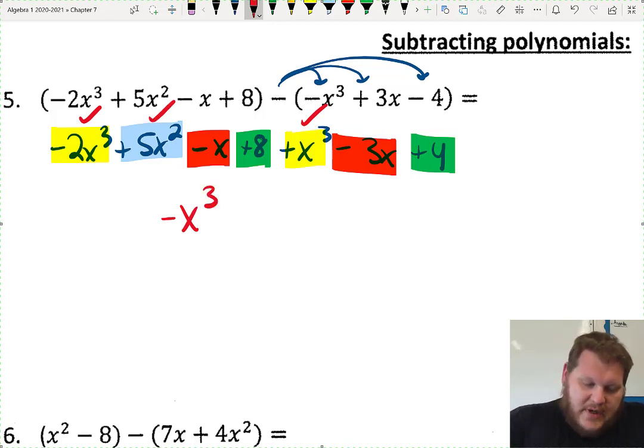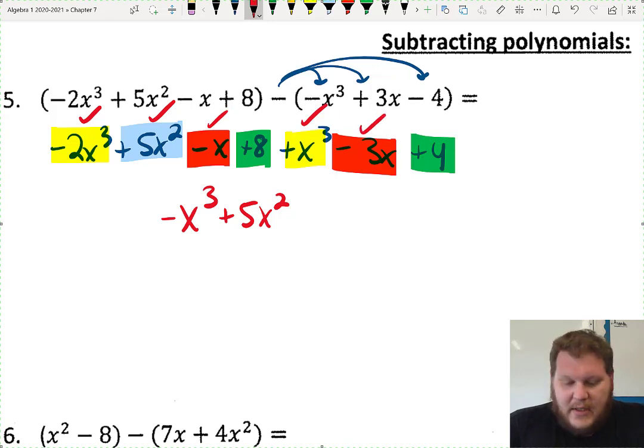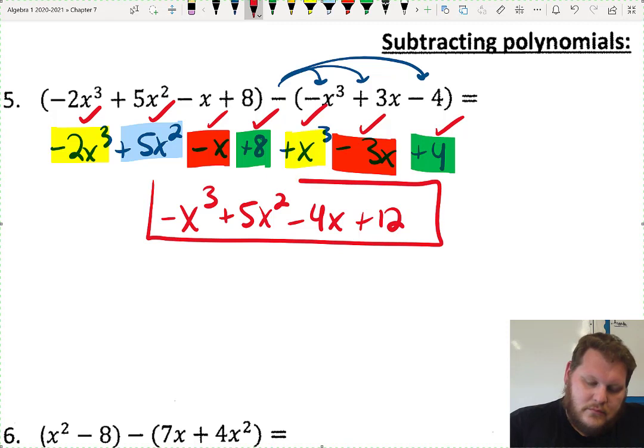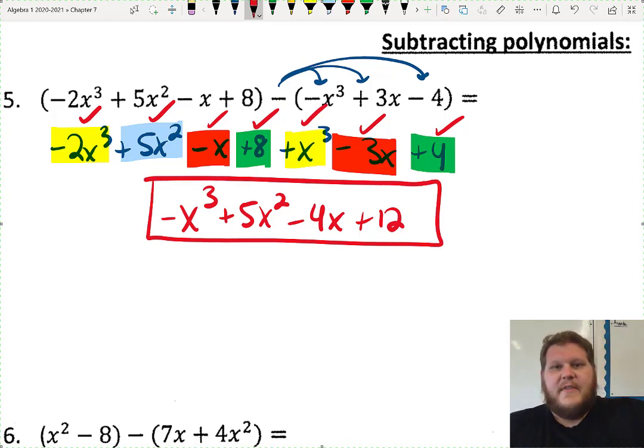I've only got that one x squared term, so positive 5x squared. For my x terms, negative 1 minus another 3 is a negative 4x. And then 8 and 4 makes 12. So there's our final solution.